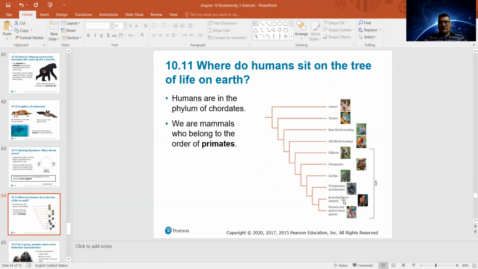All these are considered apes, starting from the gibbons all the way down.